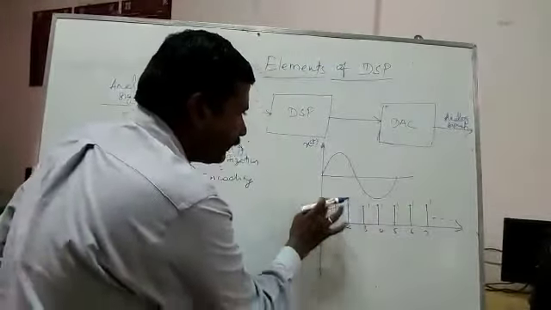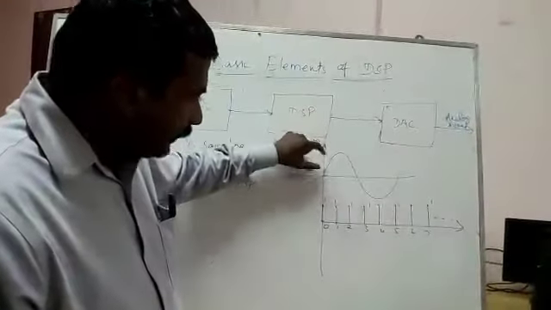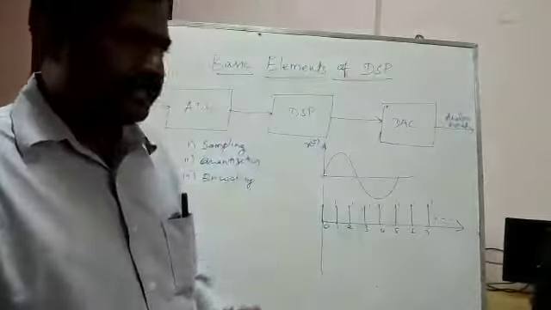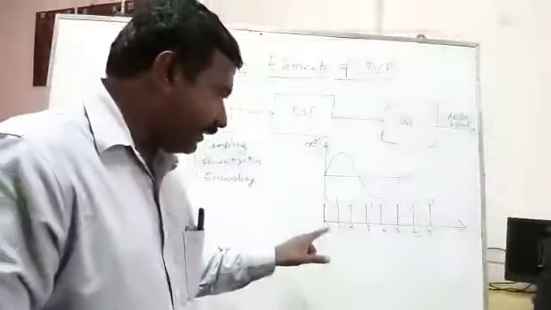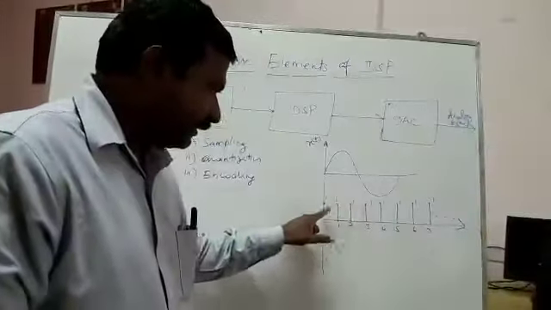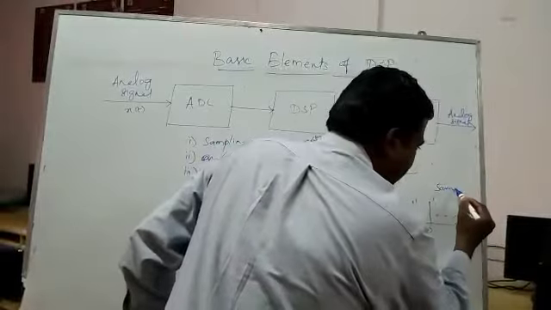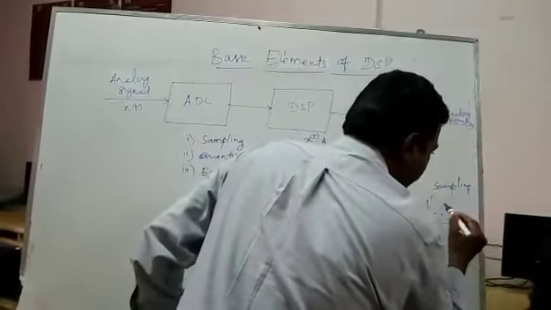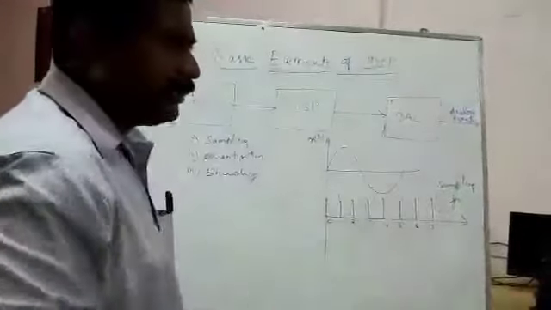So 0 into something, the result will be 0. So we will trace out the amplitude from the continuous time signal at the integer time instant only, because at the integer time instant only there is a definite amplitude for the sampling function. This is the sampling function.